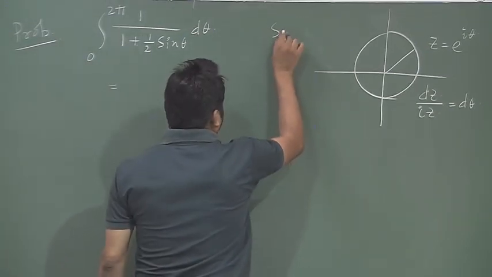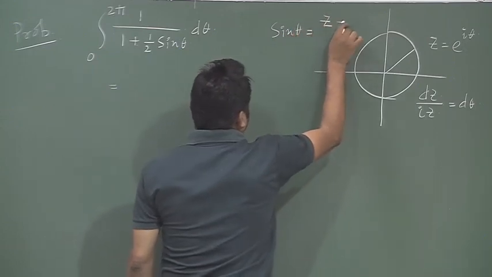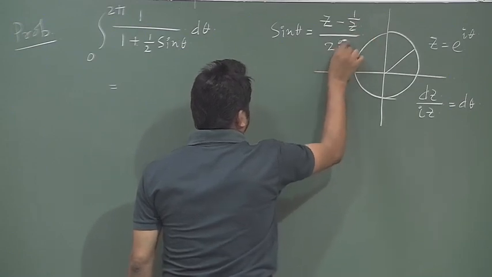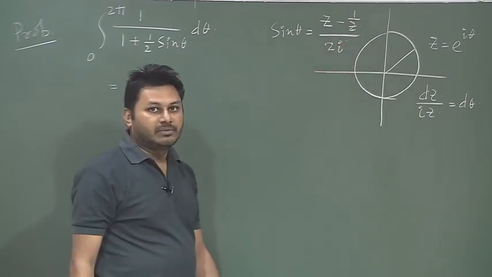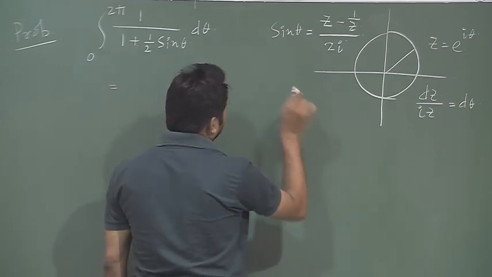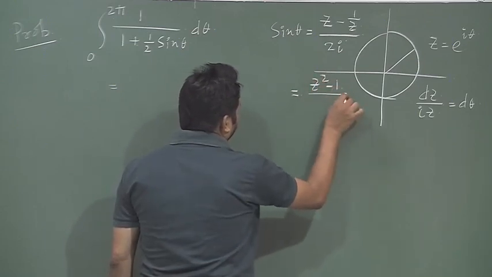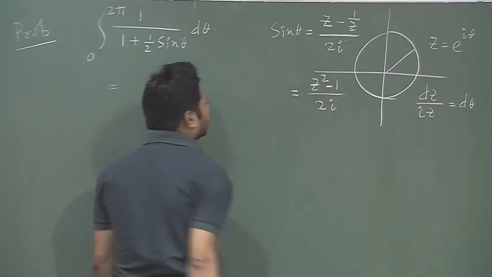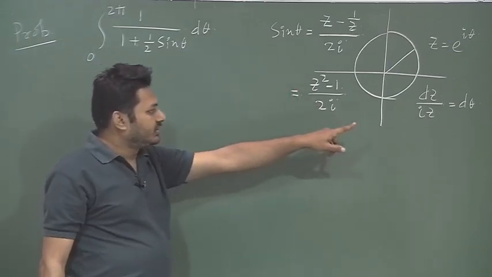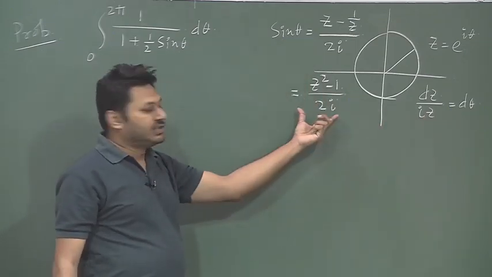So, sin theta is nothing but z minus 1 by z divided by 2i. If I take z equal to e to the power i theta, then it comes as z square minus 1 divided by 2i z. So, that is the transformation I need to make. So, d theta we will change as dz by iz, and sin theta I will change this.